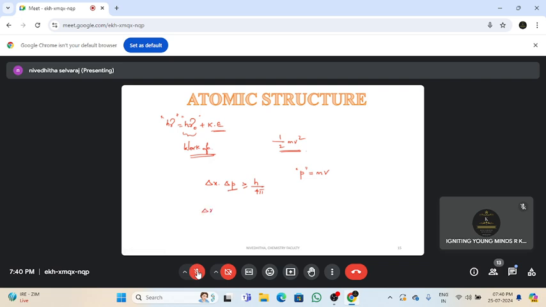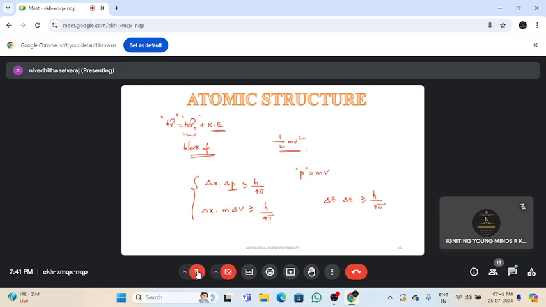So, uncertainty in position into mass into uncertainty in velocity is greater than or equal to h by 4 pi. Is there any other mathematical expression? Delta E into delta t, which is greater than or equal to h by 4 pi. So we cannot measure the energy and time of a microscopic particle simultaneously.